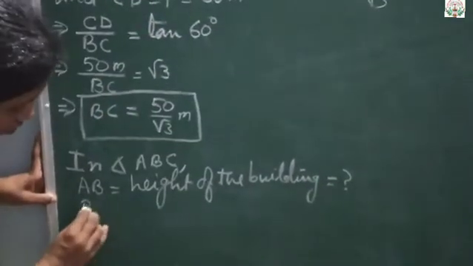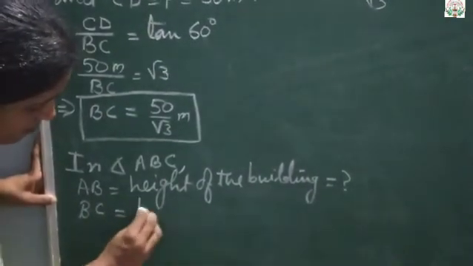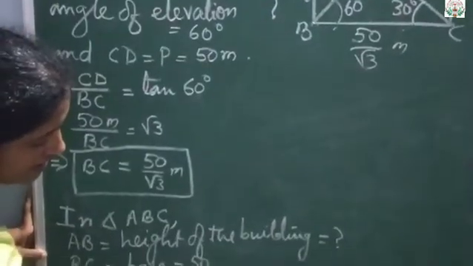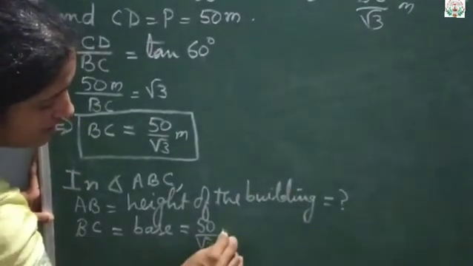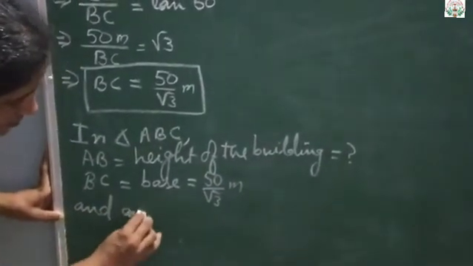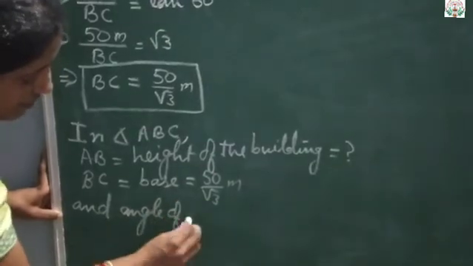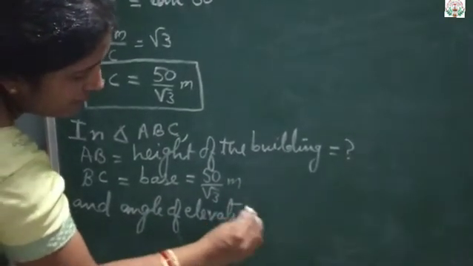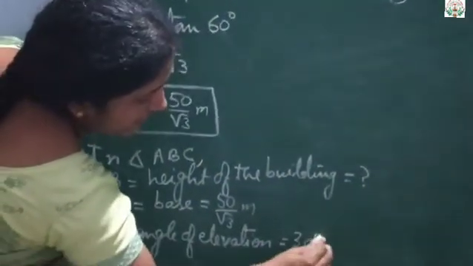And BC is what? BC equals to base equals to how much? 50 upon root 3 meter. And angle of elevation is how much? Angle of elevation equals to how much? You can see 30 degree.